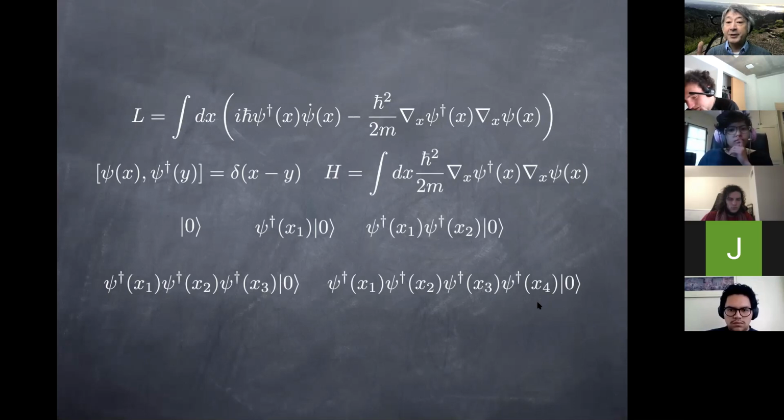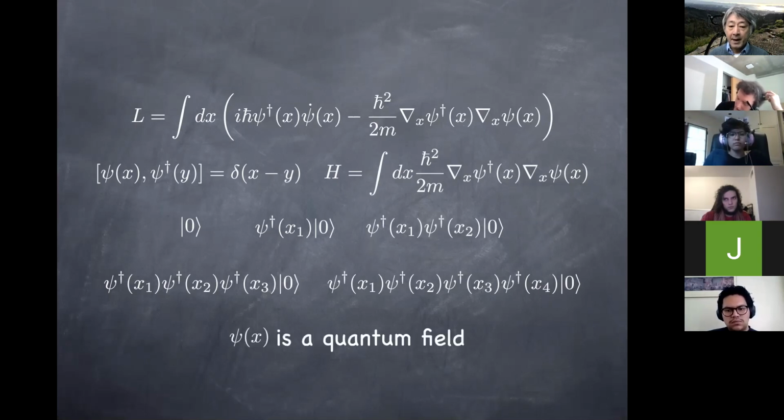So the idea didn't change from the harmonic oscillator case. Psi is the annihilation operator, psi dagger is the creation operator. The only difference now is that both the creation operator and the annihilation operator come with an argument, where the argument refers to a position in space, and we use them the same way we did before. And then we call this psi of x a quantum field.